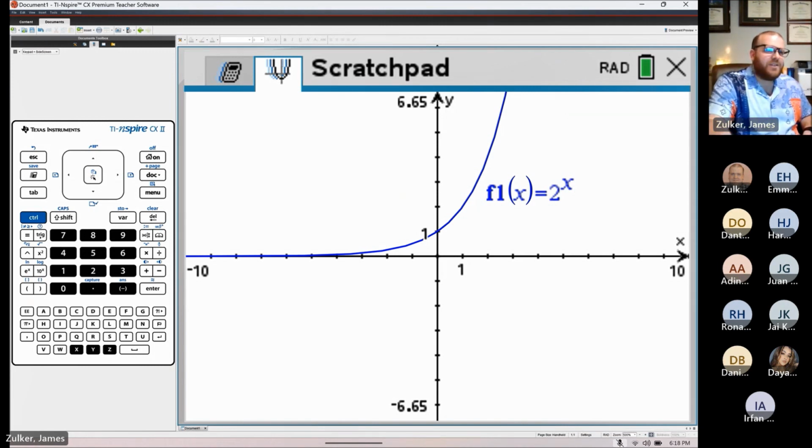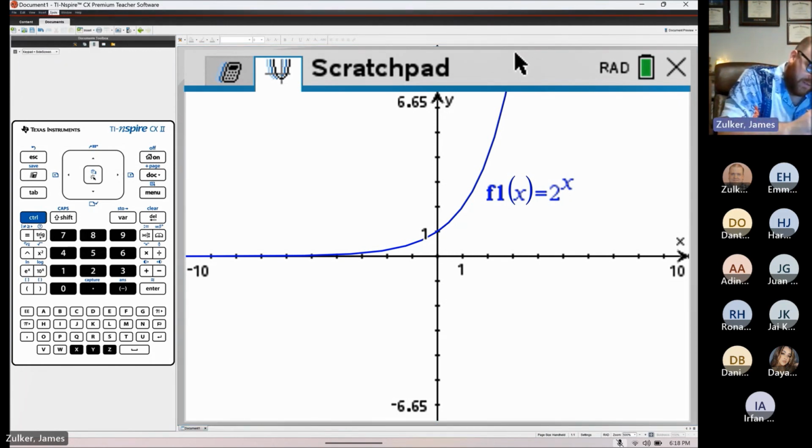Right, so I think it's tools, right? No, it was window. No, it wasn't. Screen capture, it's right there.